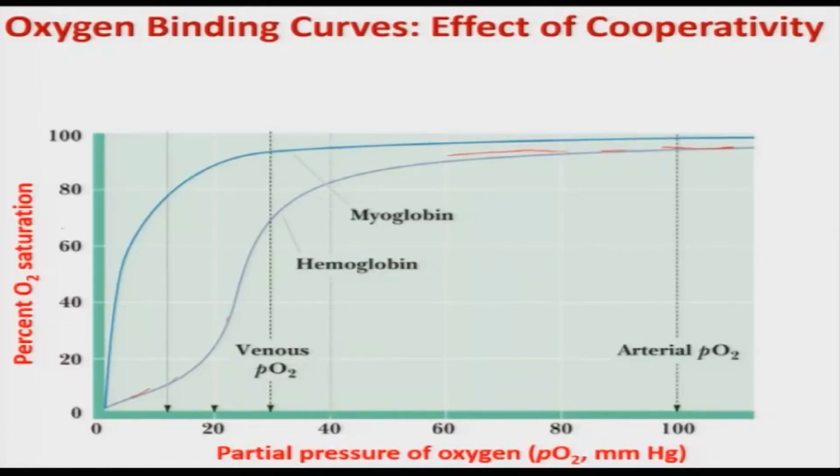So, this is the percent of oxygen saturation. The dioxygen binding and cooperativity can be clearly visualized if one sees this curve. What is this plot?